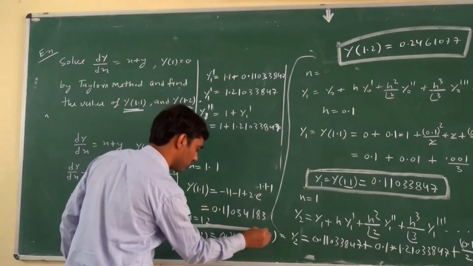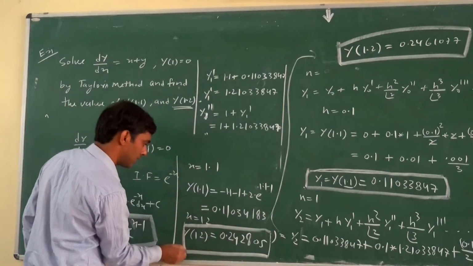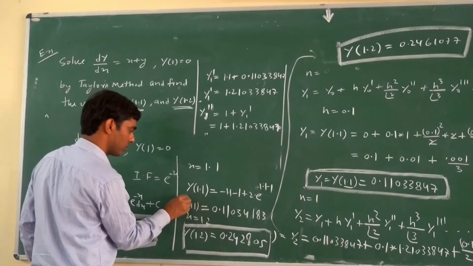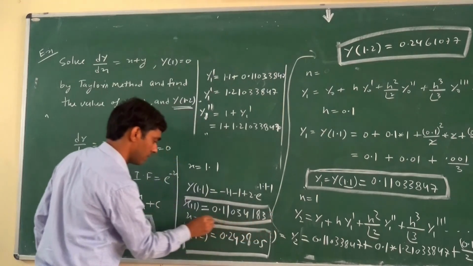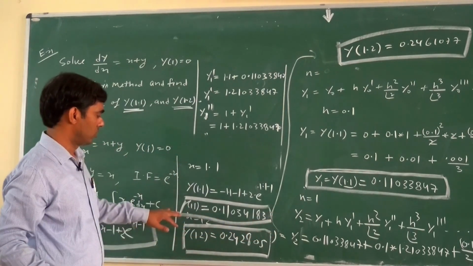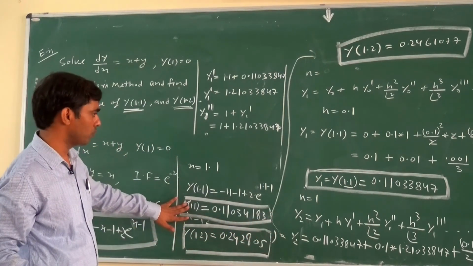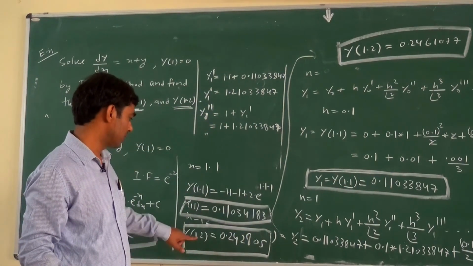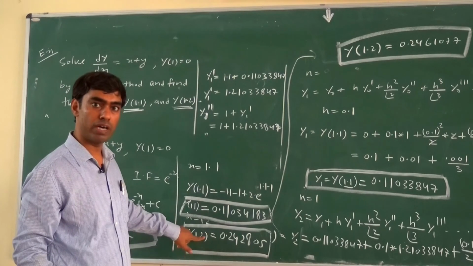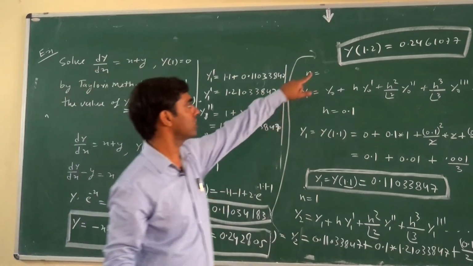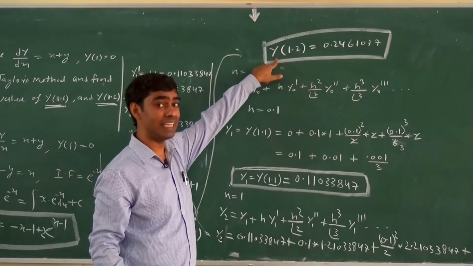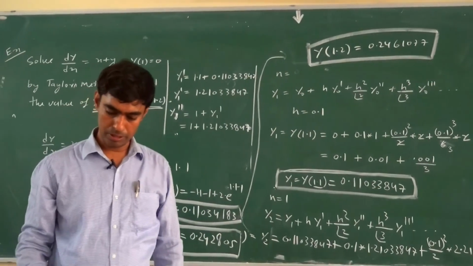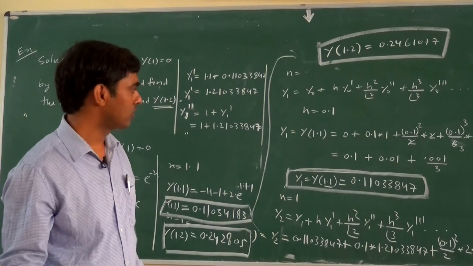So this is the actual result at 1.1 and the approximate result at 1.1. This is the actual result at 1.2, and this is the approximate result by the Taylor series method at 1.2.